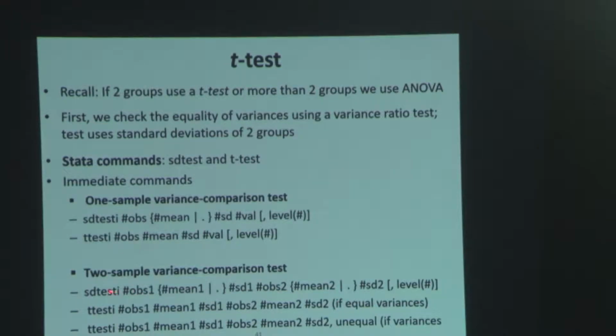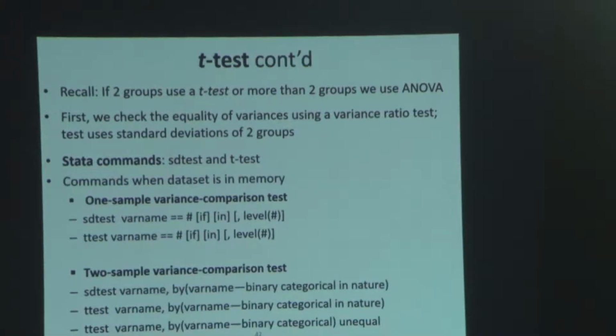So if you've done an sdtest and it shows that the variances are equal, then you just do ttest and you don't add anything at the end because the default for the computer is equal variances. But if you've done an sdtest and the variances are unequal, then you have to change from the default by putting a comma and telling Stata unequal, so that now it knows that it's going to do the computations based on unequal variances.